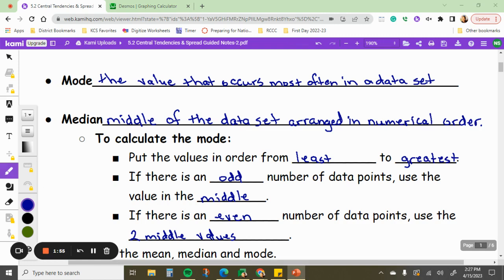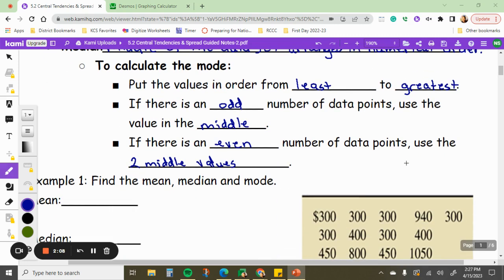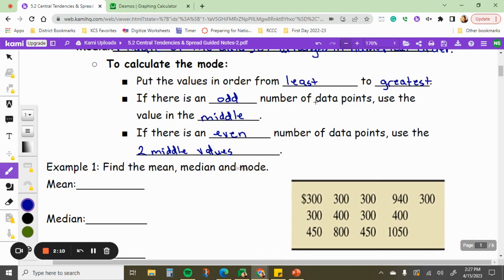And then let's look at our first example of how to use this information. We'll be using the Desmos graphing calculator, which you can have as an app on your phone or on your computer. So for our first example, it's asking us to find the mean, median, and mode. In Desmos, what I want to do is create a list. These are all dollars, but I don't need the dollar signs.